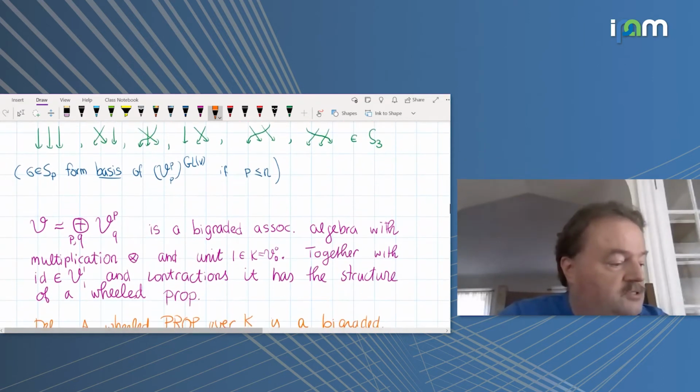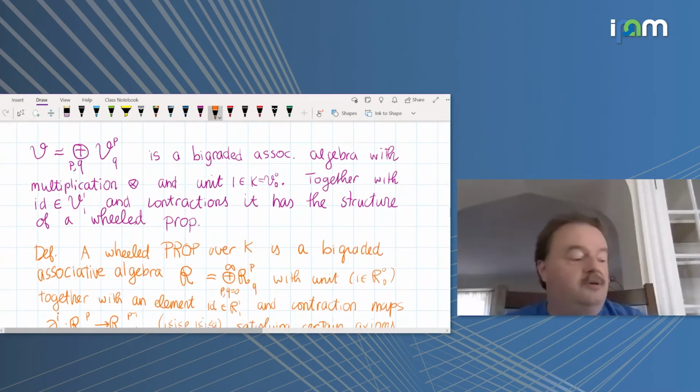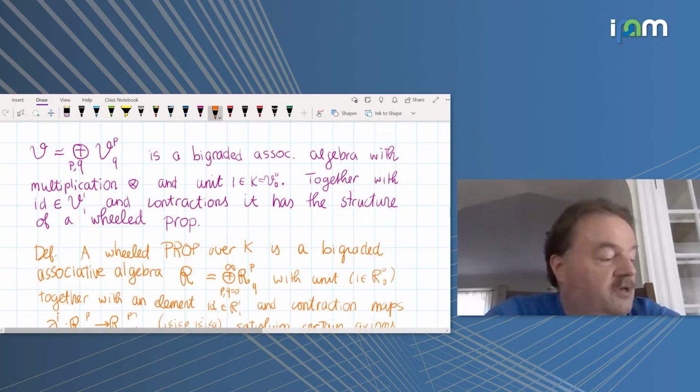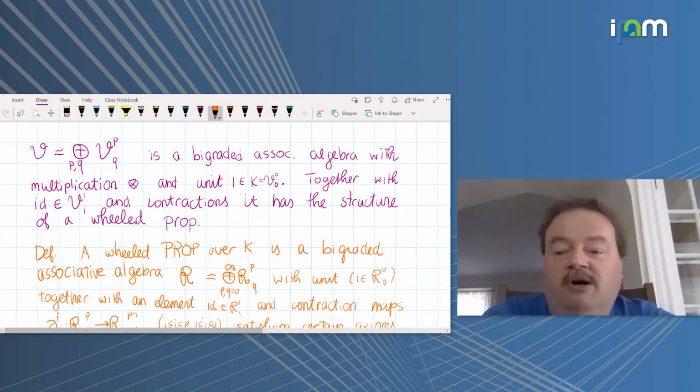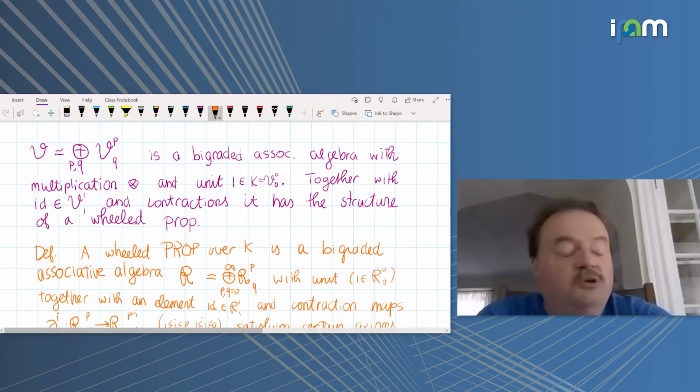Okay, so summarizing, we have this structure. We take all these V^{p,q} together. That gives you a bi-graded vector space. And that's also an associative algebra using the tensor product, where the tensor product is a multiplication that's not commutative, but it's associative.